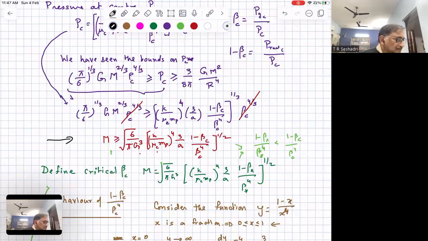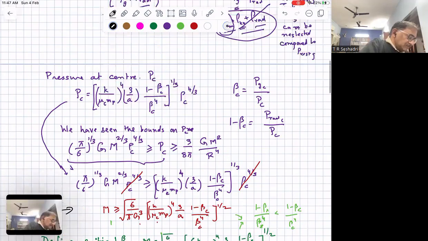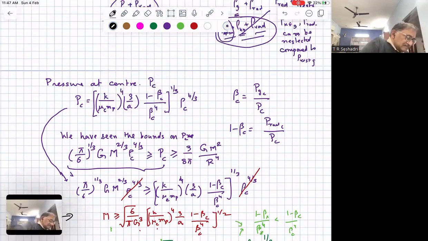And the mass of the star. We can get an upper bound for the mass as well, right? When we know the central density and compare with the lower bound of pressure, we'll get an upper bound for mass. No, but that also has a mass term in it. You see, this thing has a mass here already. So it depends on mass. You see, central pressure is not something which you can control.